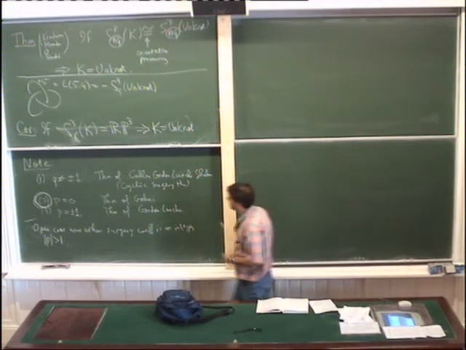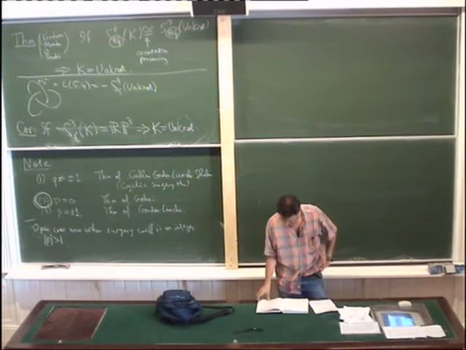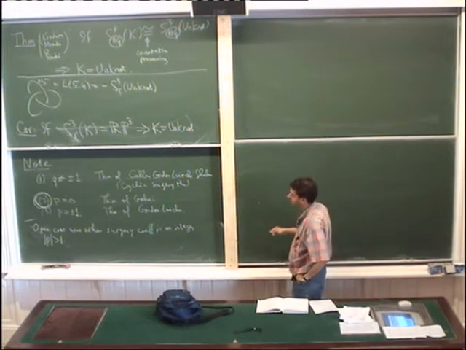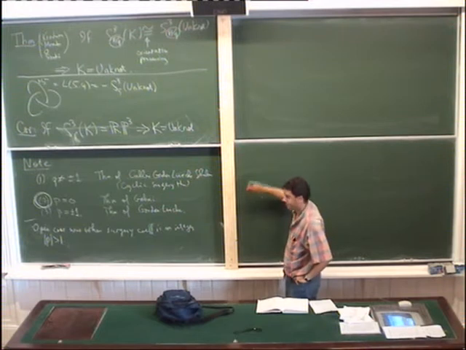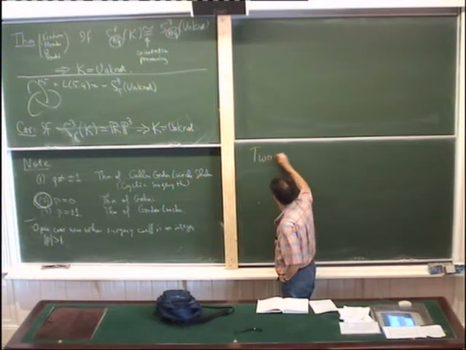Okay, so let me just say loosely what the sketch of the proof is. The proof is a two-step proof. So there are two ingredients.